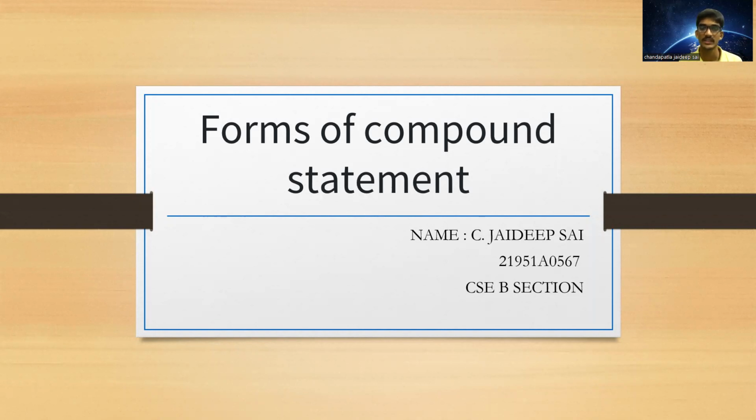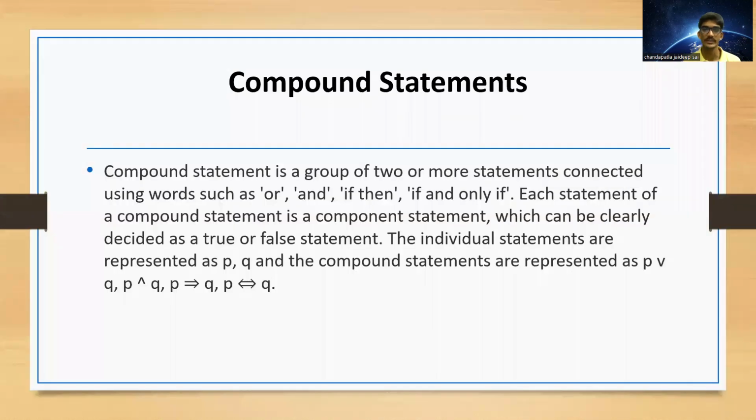The topic which I have selected for this concept video is forms of compound statements. A compound statement is a group of two or more statements connected using words such as or, and, if then, if and only if.